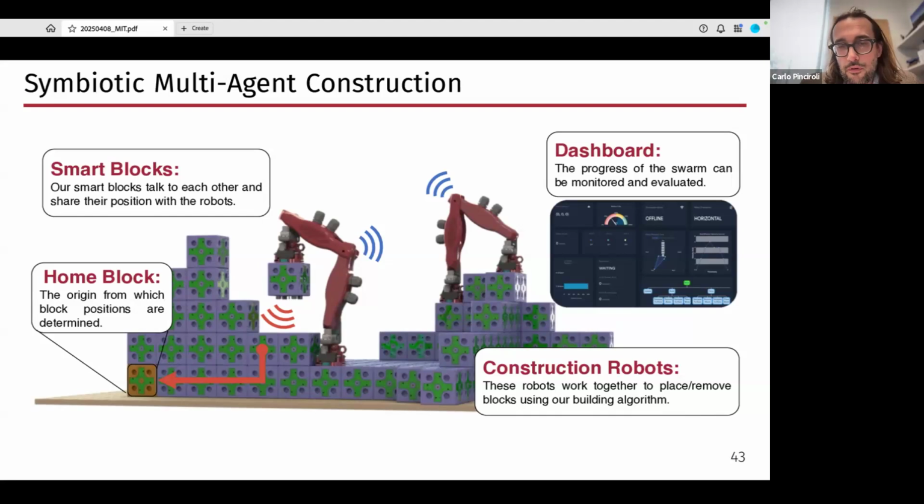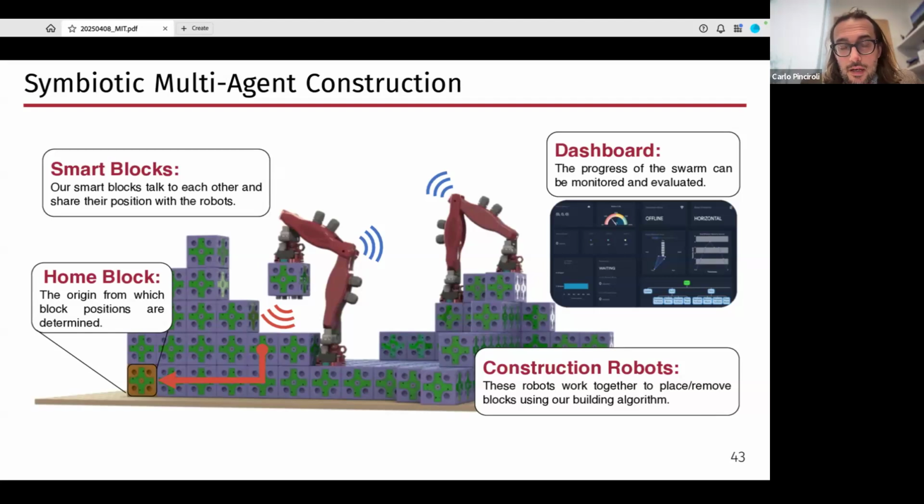We have this idea of distributing construction using material, in this case construction material, that is intelligent. This basically acts as if it was active matter. And so we can have a symbiotic relationship between the builders, which we decided are inchworm robots, and the construction. But they're dumb, so they don't know what they're building. They know how to navigate the structure, but they don't know where they're going.